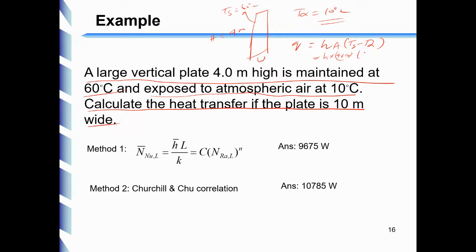We know the Ts, 60 minus 10. Only we do not know the h, so you have to find the h.